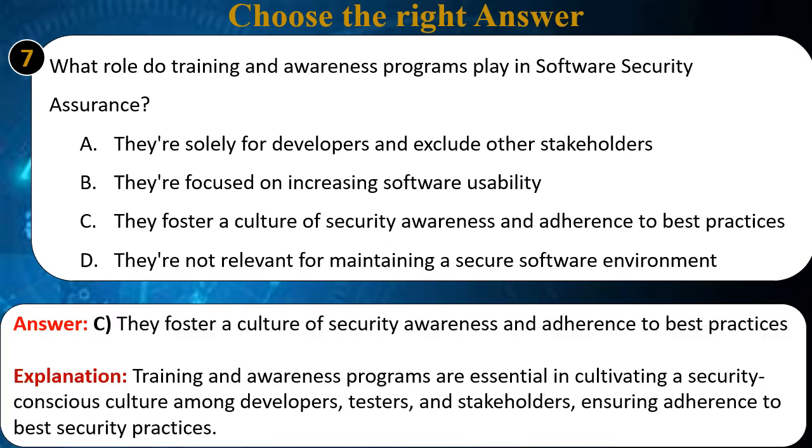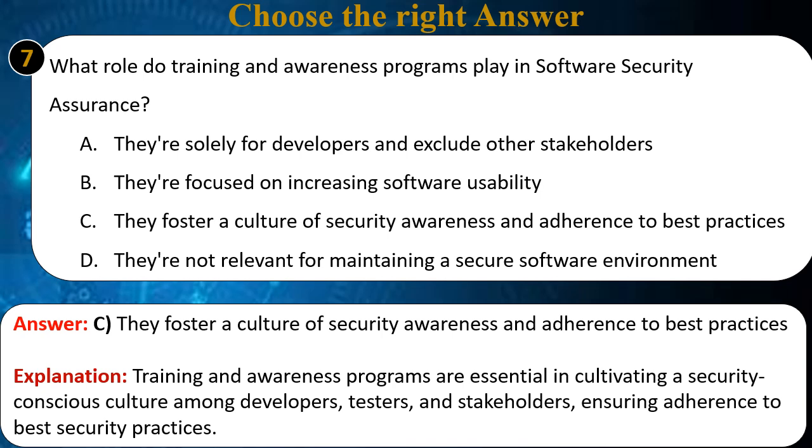The most accurate answer highlighting the role of training and awareness programs in software security assurance, SSA, is C. They foster a culture of security awareness and adherence to best practices. Here's why the other options are incorrect. A. Training and awareness programs should involve all stakeholders, not just developers, to create a holistic security environment.